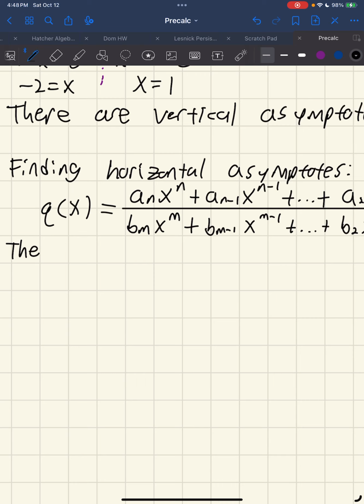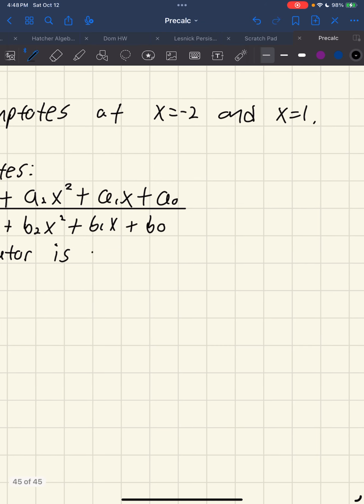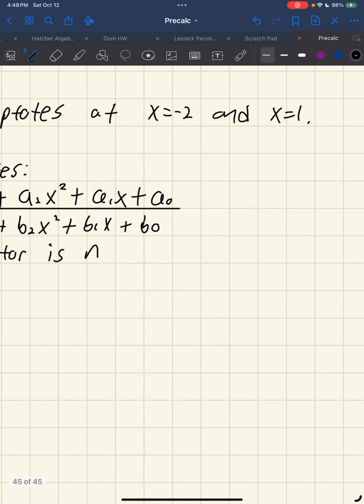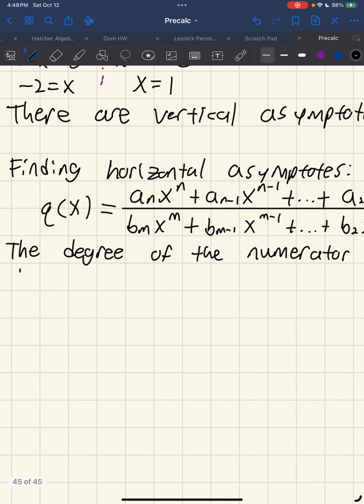We need that. And we will need the degree of the denominator, which is m. The degree of the numerator is n, and the degree downstairs, of the denominator, is m.